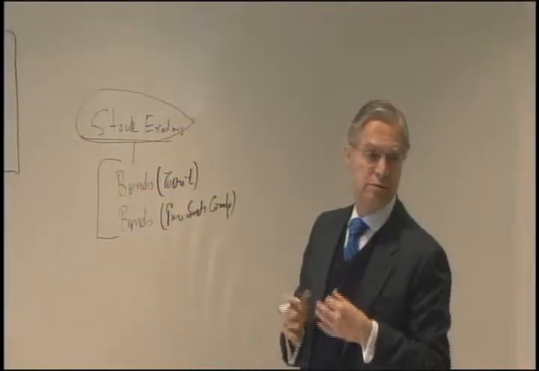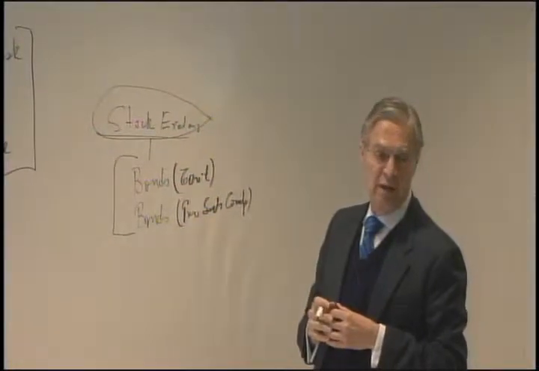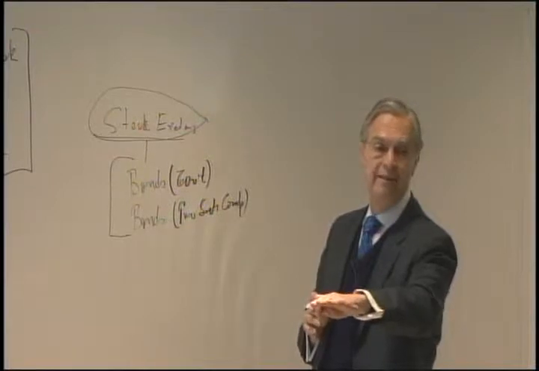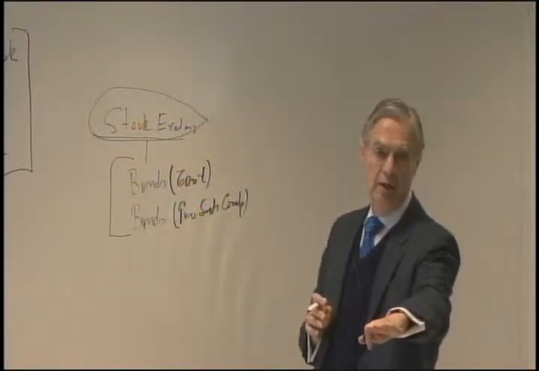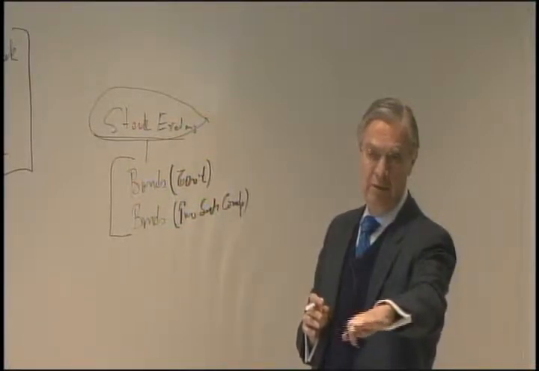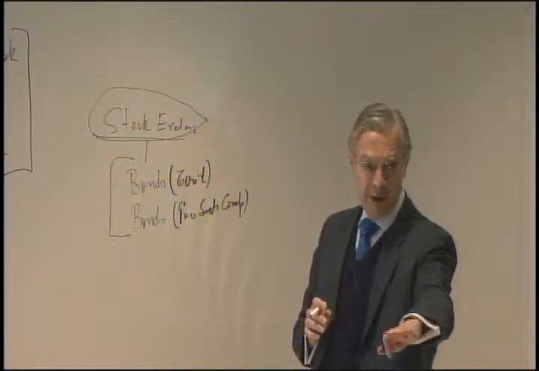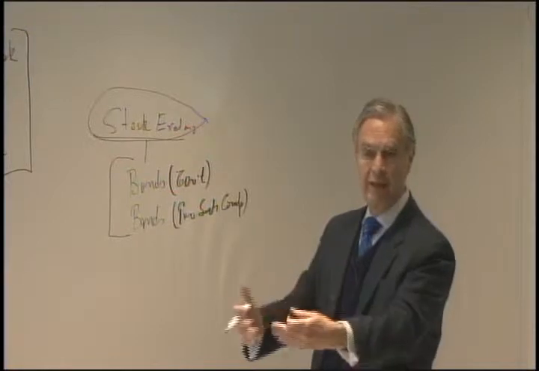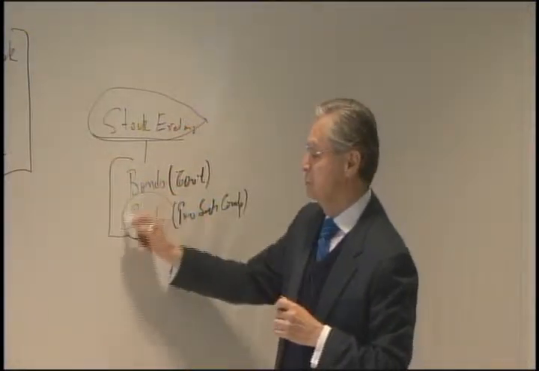These are obligations. Okay. I'm lending those companies money. I'm lending the government money. I'm not buying the government, and I'm not buying the companies. I am lending to those companies, and what they give me in exchange is a bond, okay?